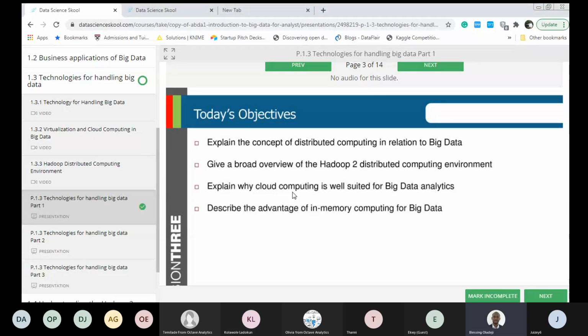So we are looking at the technologies of handling big data. And here we are going to be talking about distributed computing.